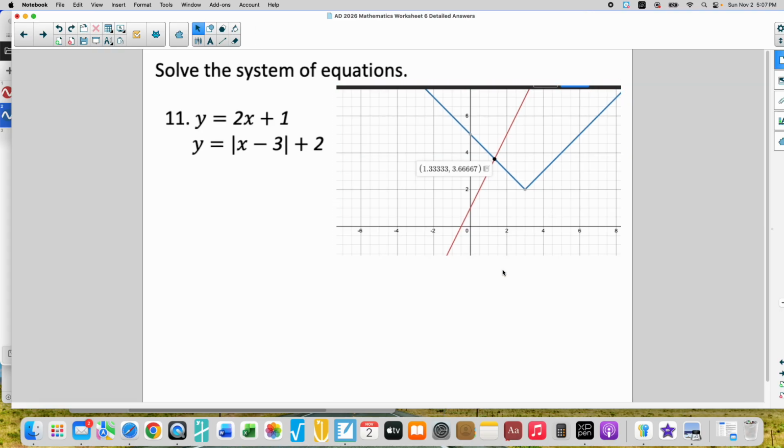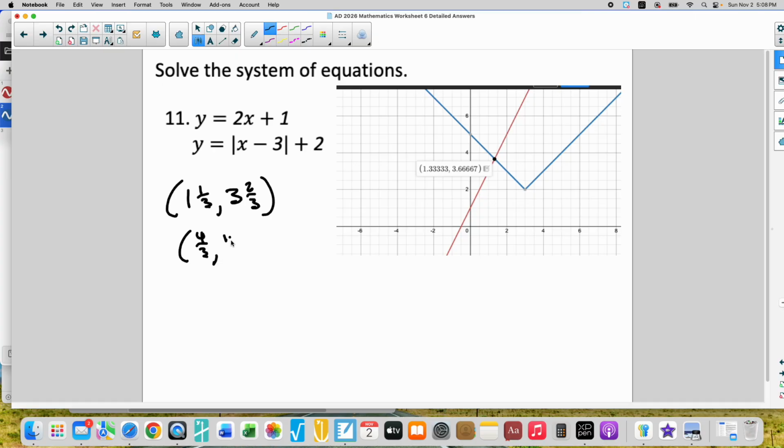And so we see that our solution is going to be, why do I keep going green? I don't want green. Our solution is 1 1/3, comma, 3 2/3, or that is 4/3, comma, 11/3.